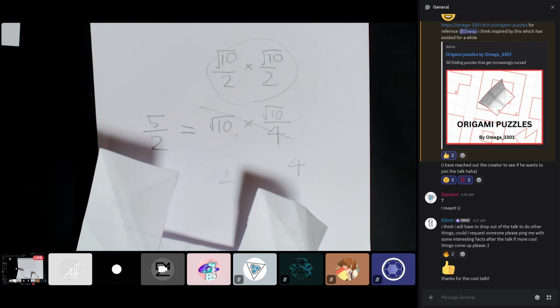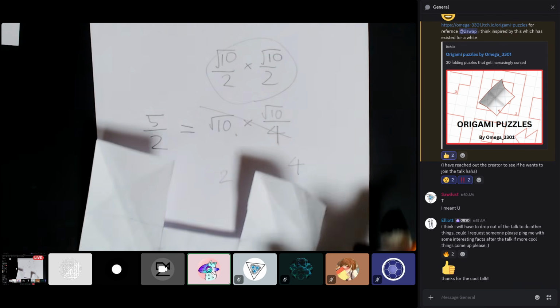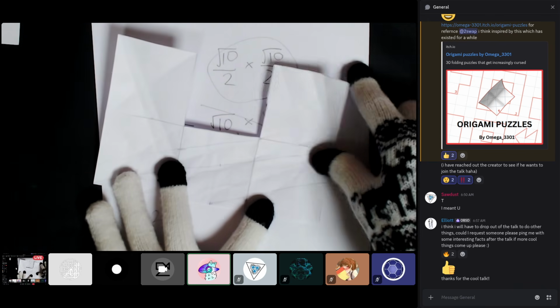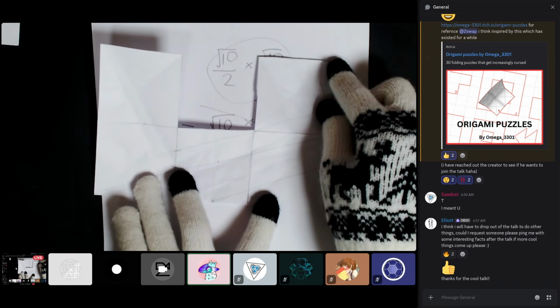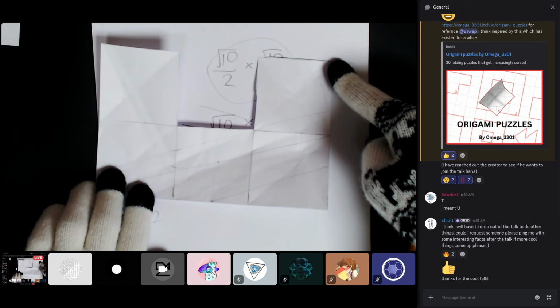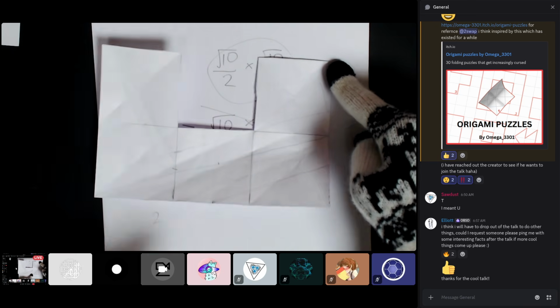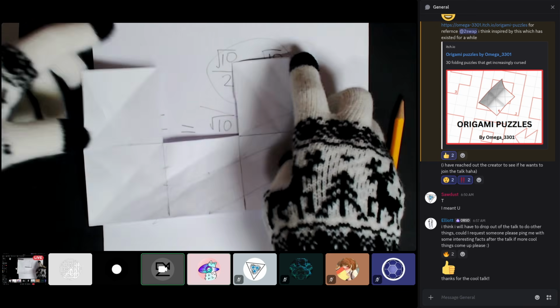Can you fold one corner of the shape down to where your finger is, in coordinates?